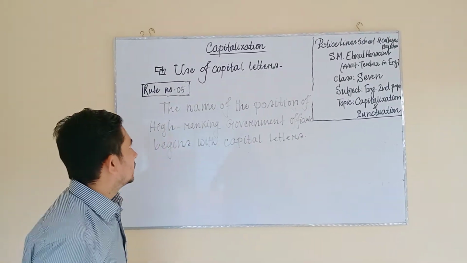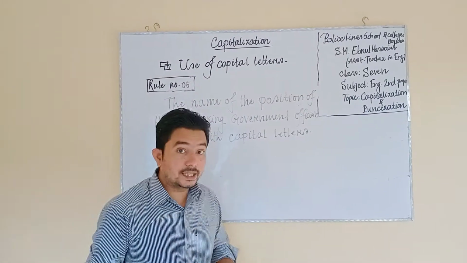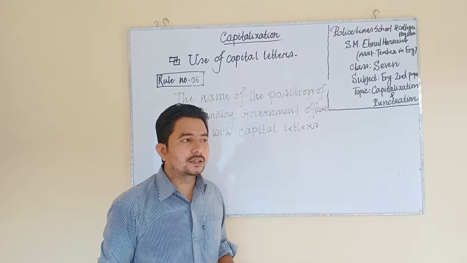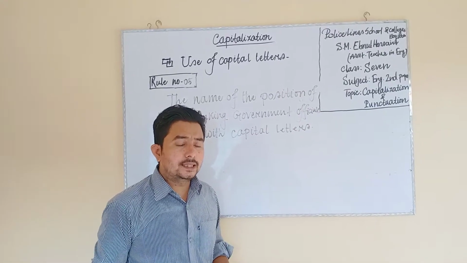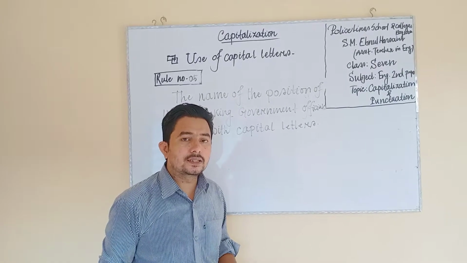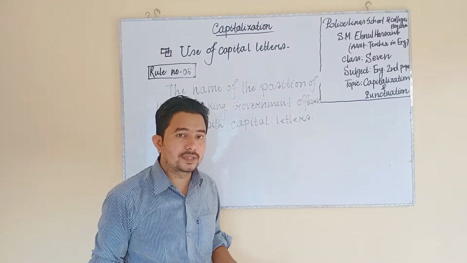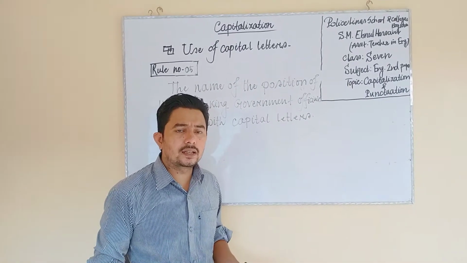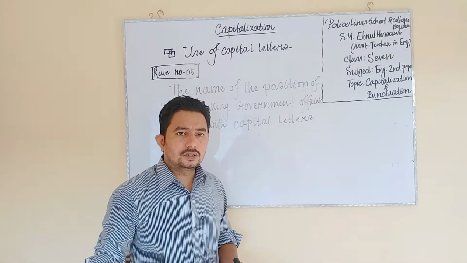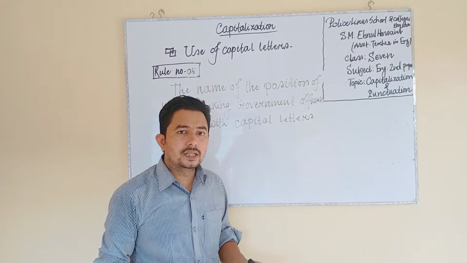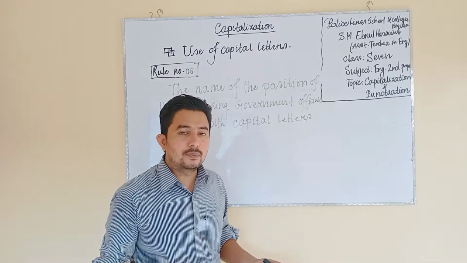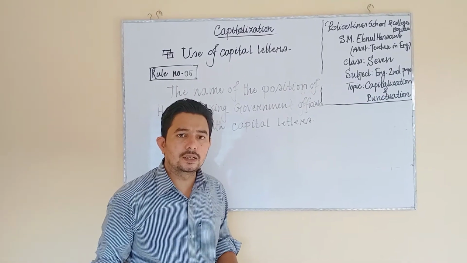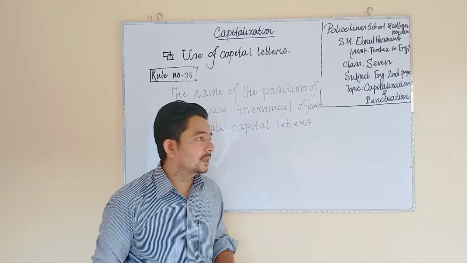Here notice the rule: the name of the position of a high-ranking government officer. It may be like this: the President. This is the position of a high-ranking government officer. The President, Bill Clinton. The Attorney General, Mr. Tony Blair. So this is the name of the high-ranking government official, and this name of the position must begin with capital letters.